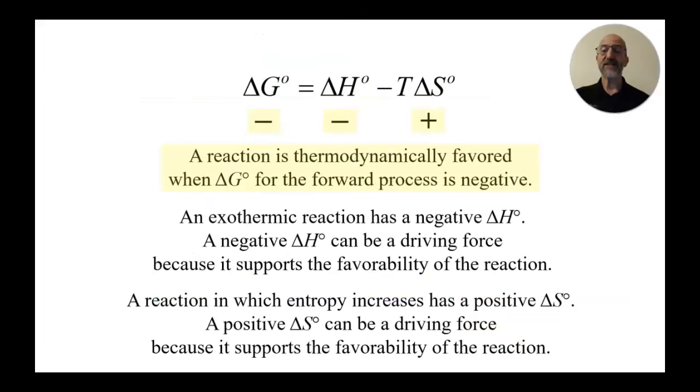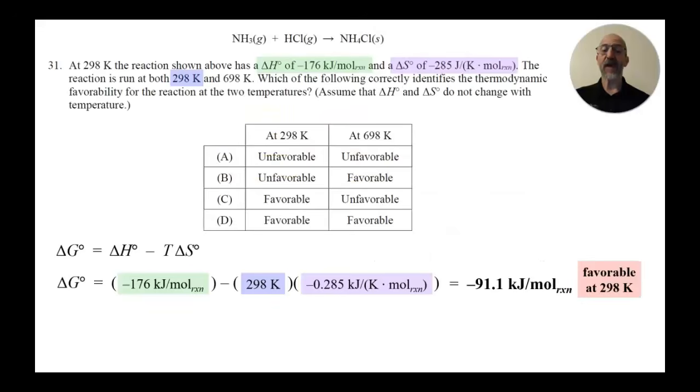Well, if the delta G is negative, then the reaction is thermodynamically favored at that temperature. So if it's favorable at 298 Kelvin, we know that the correct answer is either C or D, because in choices A and B, it says it's unfavorable at 298 Kelvin. So we can eliminate choices A and B.